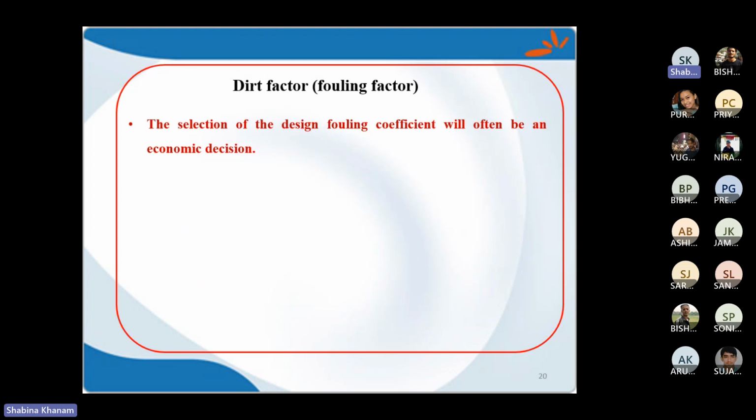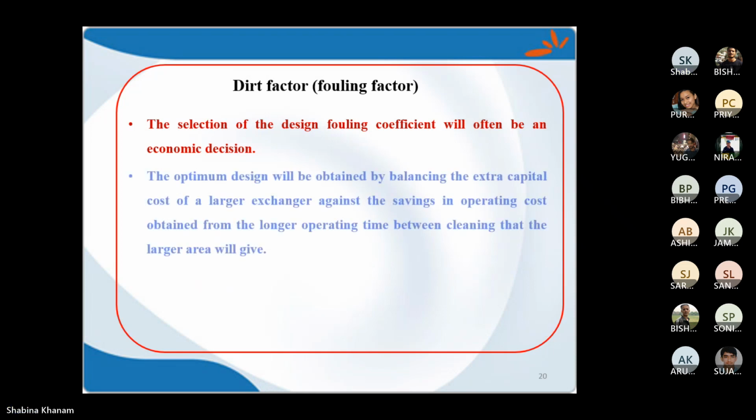So the selection of the dirt or fouling factor will be based on an economic decision we need to make. Optimum design will be obtained by balancing the extra capital cost of a larger exchanger.